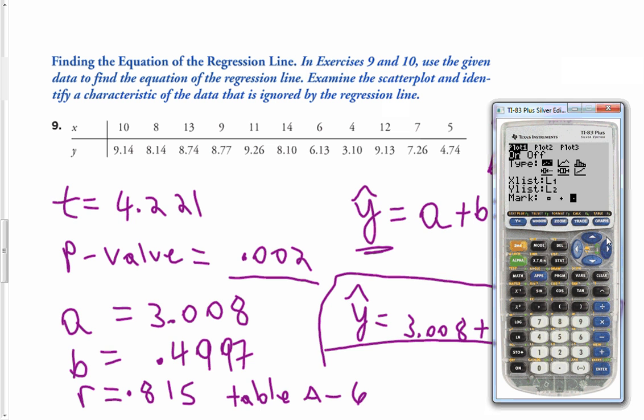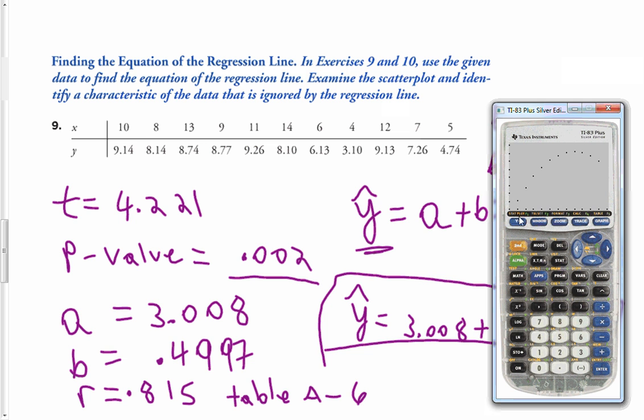We're going to use dots again. Now we go to zoom, and we go down to ZoomStat so we can see this scatter plot. There is the data graphed. Interesting.